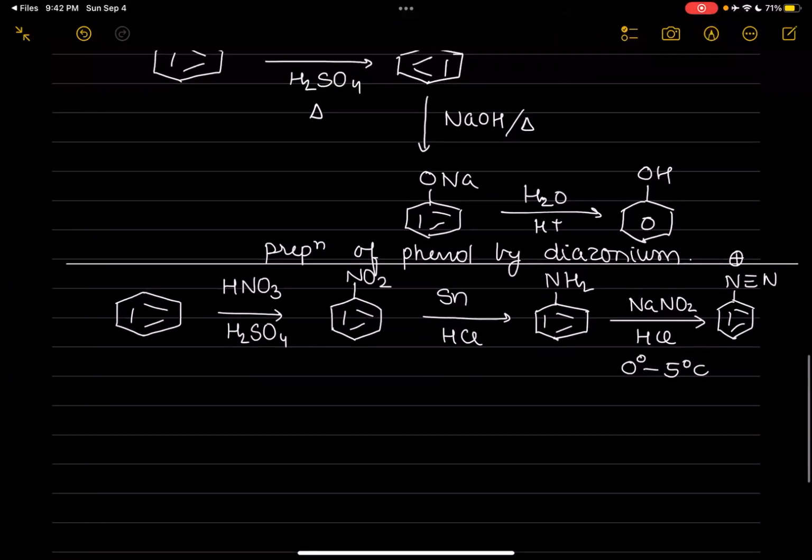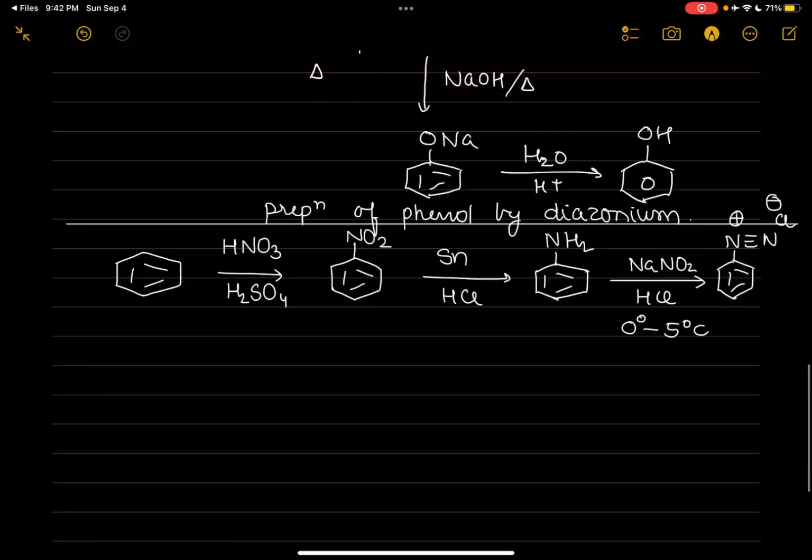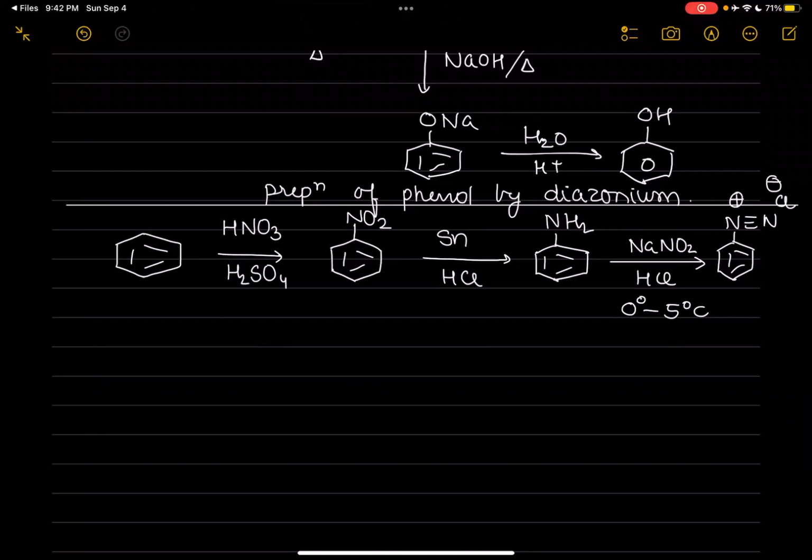This is the diazonium salt, right? And how do you get phenol out of it? Very simple. Diazonium has the N2 group that will break apart.